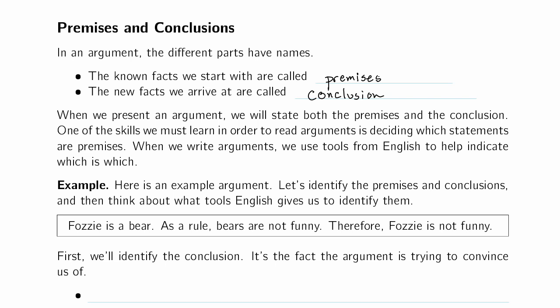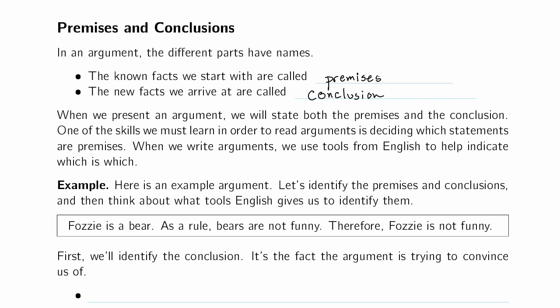In more complicated arguments, we might have smaller conclusions on the way to a big conclusion. But for the most part in this class, we're just going to analyze relatively short, simple arguments. Now, one of the skills that we need in order to analyze arguments is to identify what are the premises and what are the conclusions.